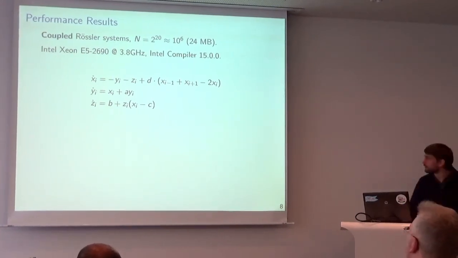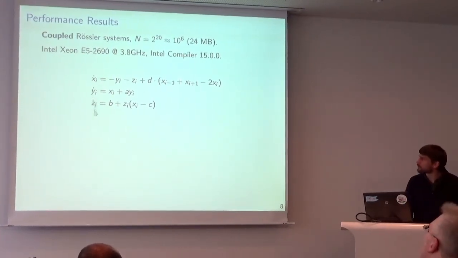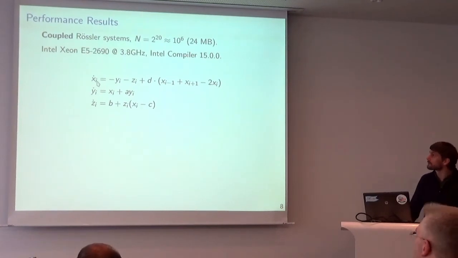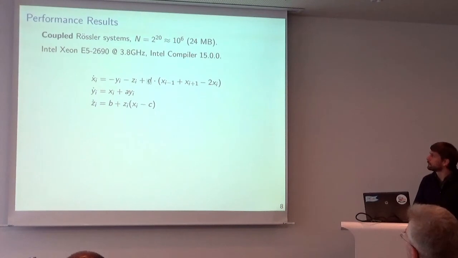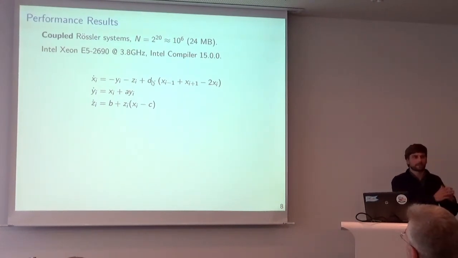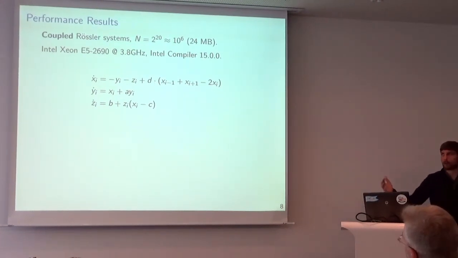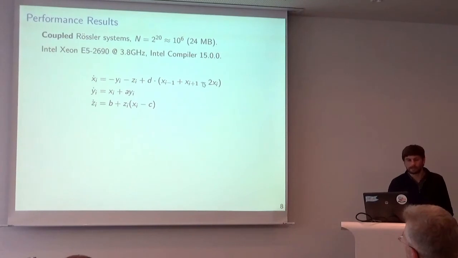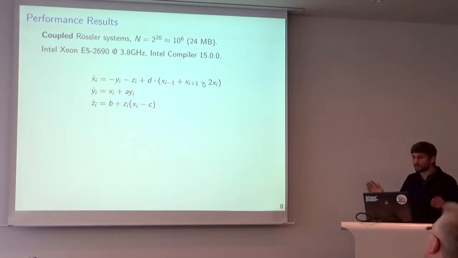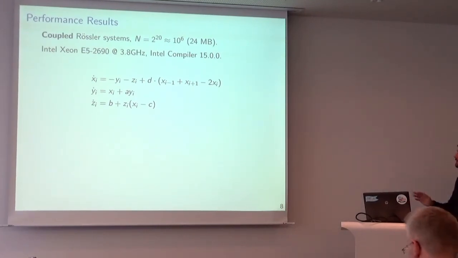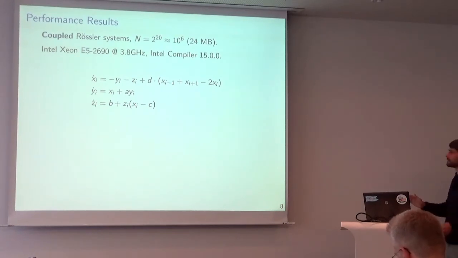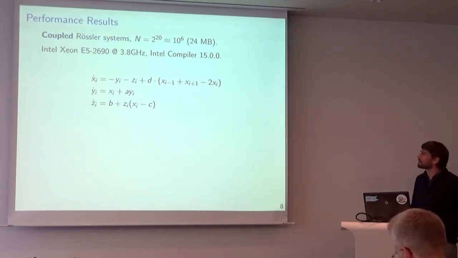These are the equations for one of those Rössler systems, and here's the coupling term. If you set D equals 0, you have just uncoupled Rössler systems, and you can do the time-first approach. But here you have this nearest neighbor coupling. It's a diffusive coupling, and there are some reasons why we're interested in this, but this is not the point of my talk.